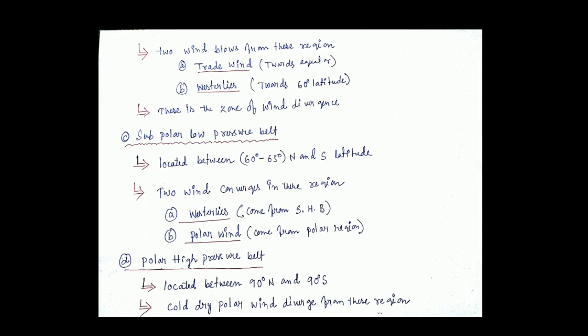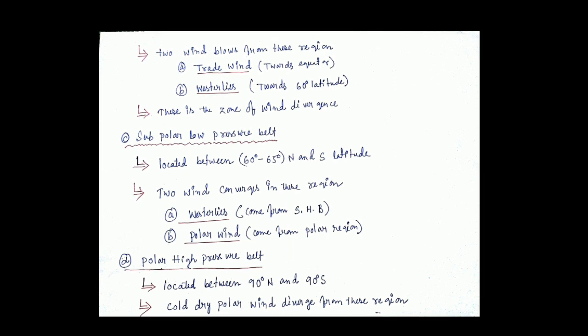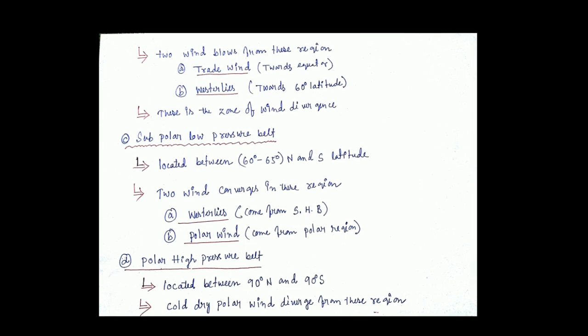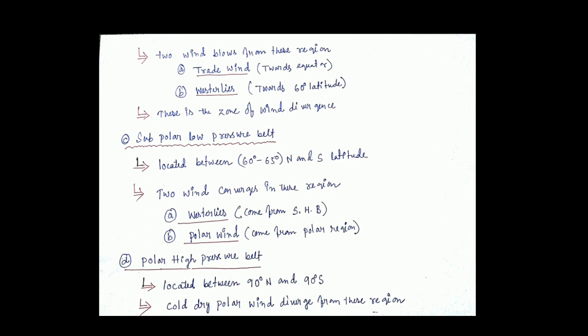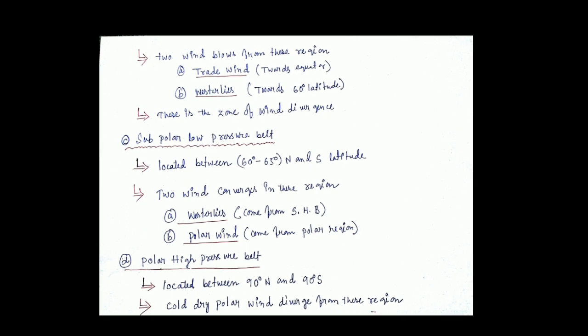And the last pressure belt region is the polar high pressure belt. It is located at 90-degree north and south latitude, that means at the polar region. This is a high pressure belt, so the wind diverges from this region, and the wind which diverges or fans out from this region is a very cold wind, and it contains very little moisture.